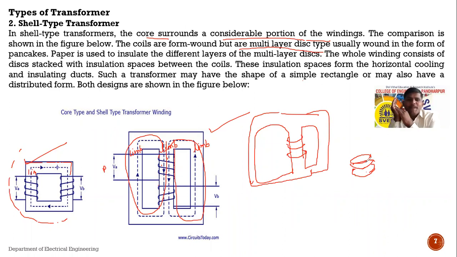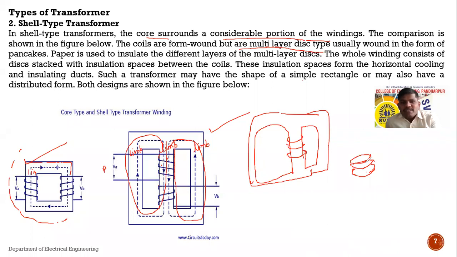Okay, त्या डिस्क ज्या आहेत, these are insulated from each other by using paper type insulation. Okay, पेपर टाइपचे इन्सुलेशन यूज करून आपण त्या इन्सुलेट करतोय. The whole winding consists of discs stacked with insulation in between, space between the coils. कॉइलचा जो काही स्पेस आहे त्याच्यामध्ये इन्सुलेशन प्रोव्हाइड केलेलं असेल, that is, it is stacked between insulation.